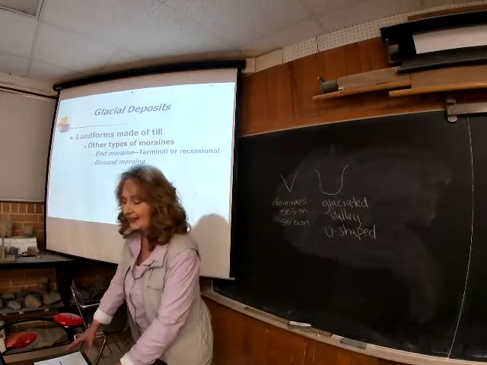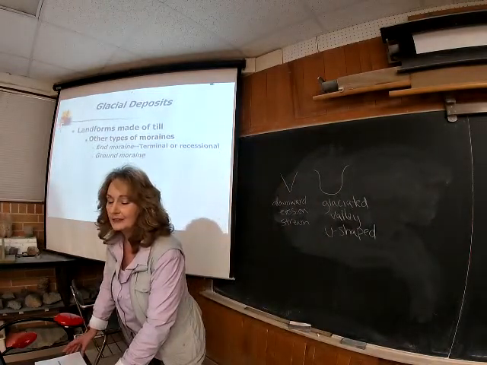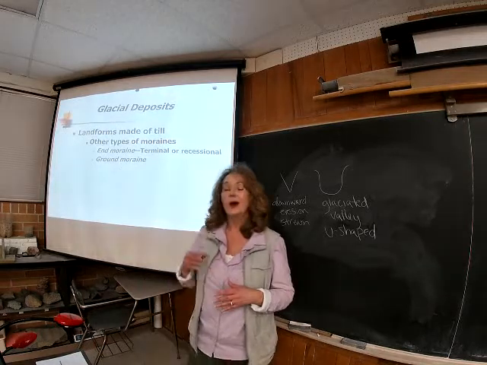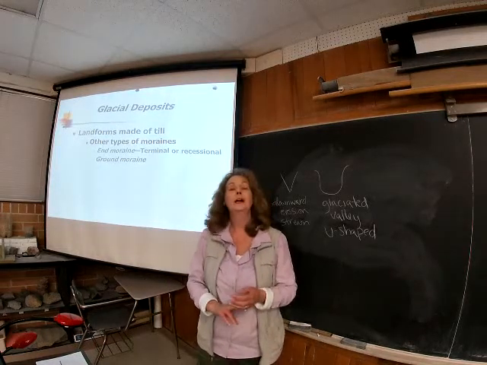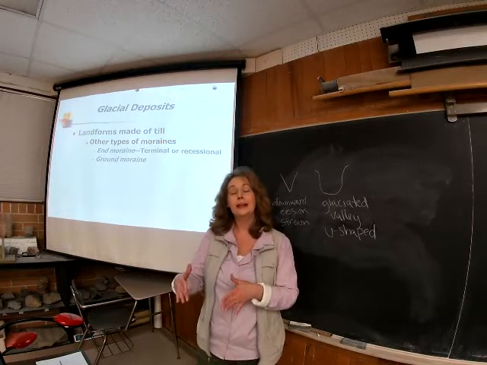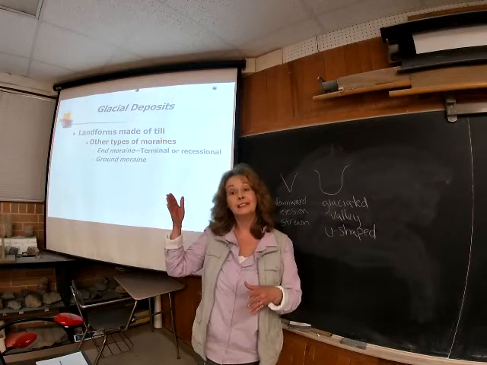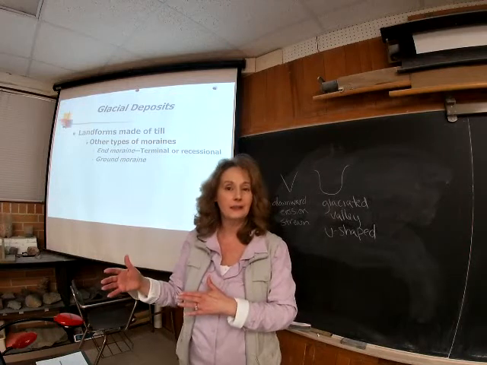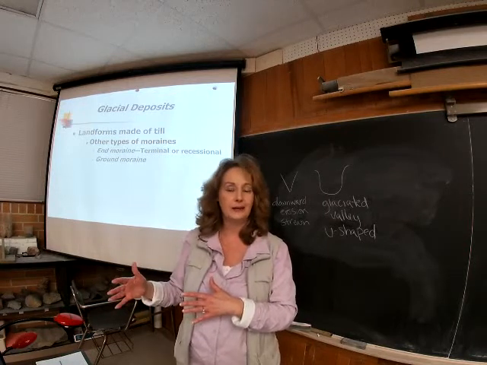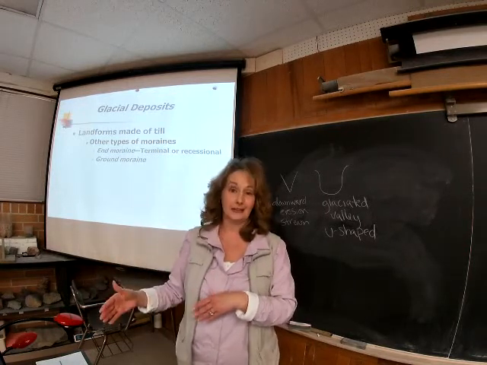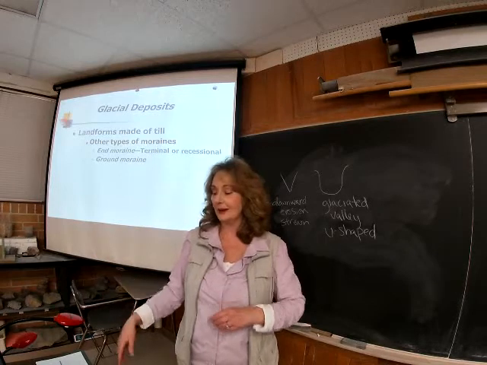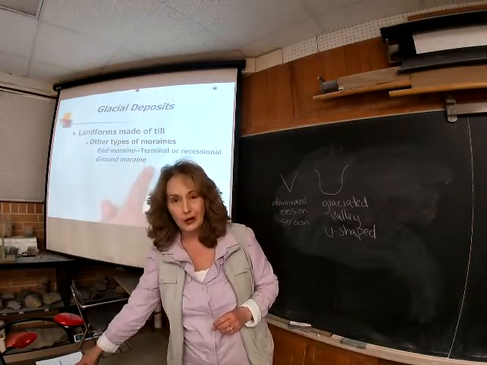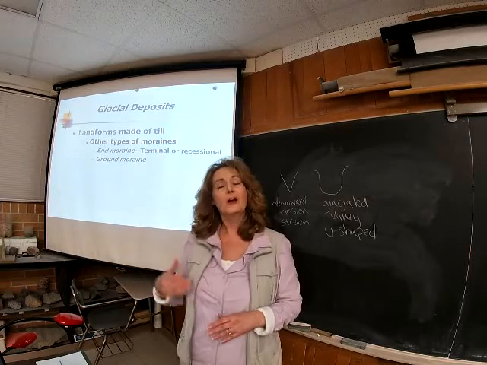Okay. Now some other ones that they talk about, an end moraine. An end moraine, kind of how it sounds there, is if we call it, there's two types. One you call the terminal moraine, the terminal end moraine. This is the farthest extent that the glacier went. So it deposited a layer of till, layer of sediment, the farthest extent, okay, that we see that sediment. That's known as the terminal moraine.